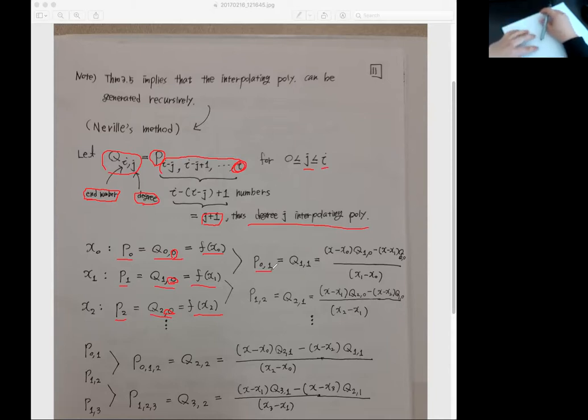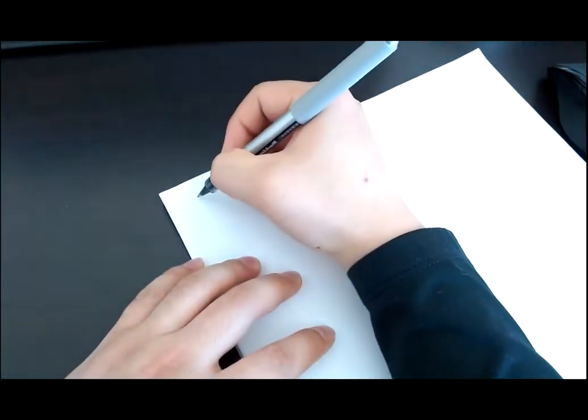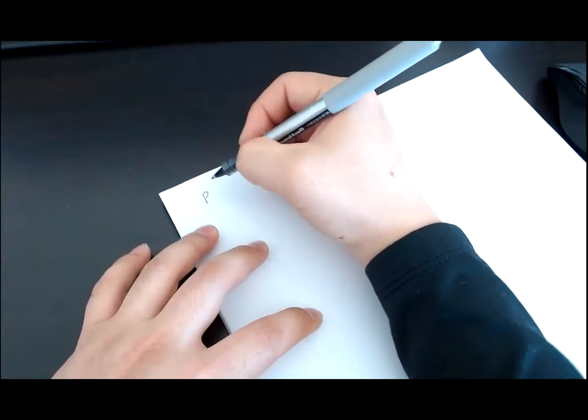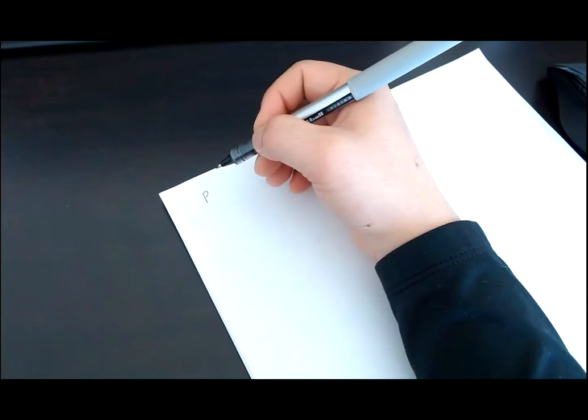Let me show this. Sometimes this webcam's autofocus doesn't work. Okay, so now what was P?